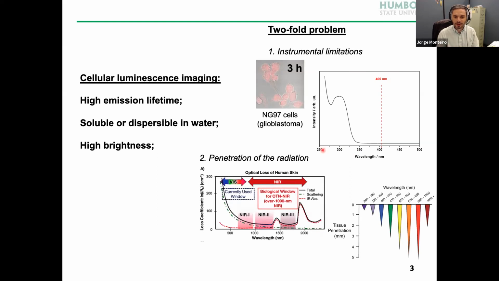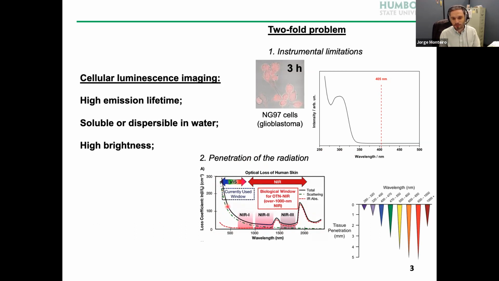And the second problem that we face in cell imaging is the depth of penetration of the radiation that you are going to use to excite your compound. As we can see here, we have absorbance as a function of the wavelength. Moving close to the UV, there is high absorption by tissues and cells.